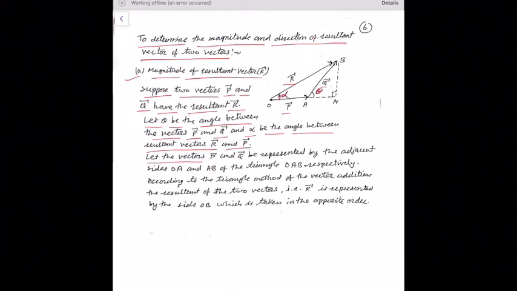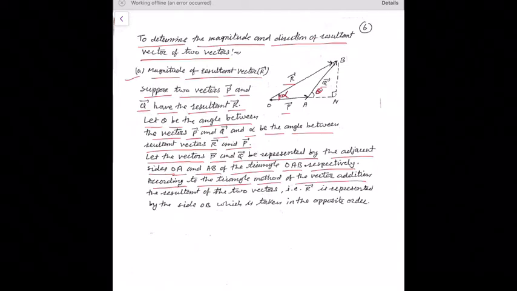Let the vectors P vector and Q vector be represented by the adjacent sides OA and AB of the triangle OAB respectively.